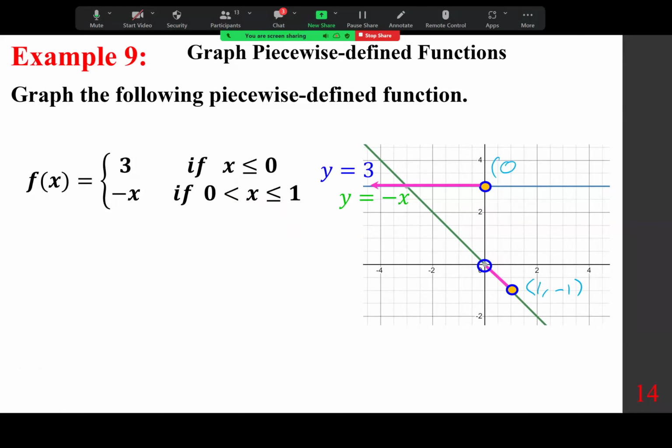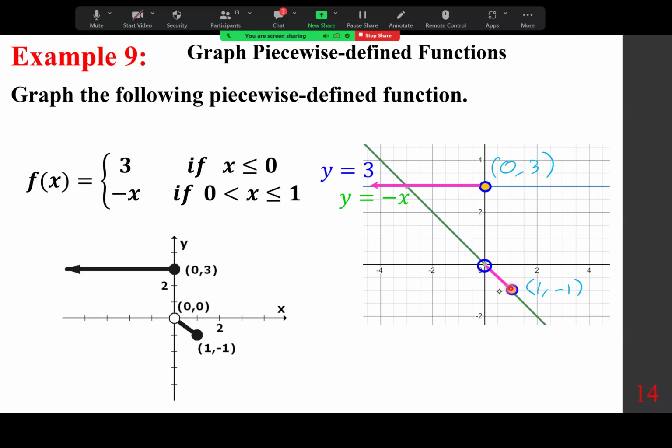This one has coordinates 0, 3. To separate that, to be clear, there is a solid point, goes to negative infinity. There is a hole and it goes this way, all the way to 1, -1. And that's the graph.